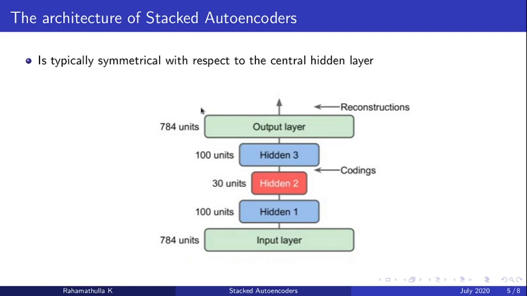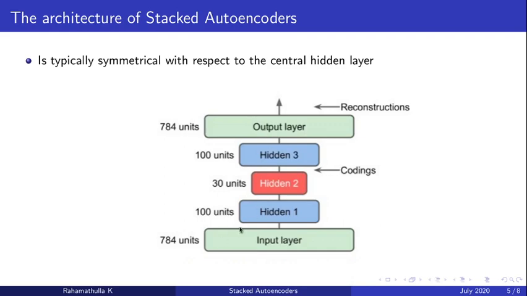So this is the architecture of stacked autoencoder. It's typically symmetric with respect to the central hidden layer. So let's say you are trying to convert your 784 units of data to 30 units for this coding. So in the input layer you have 784 units, and in the first hidden layer you have 100 units, then you have 30 units in the second hidden layer.